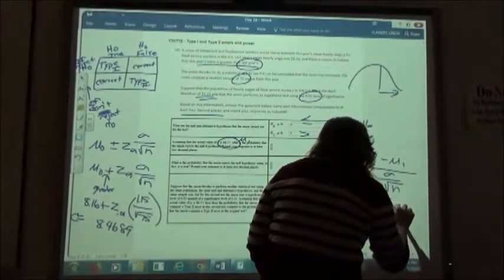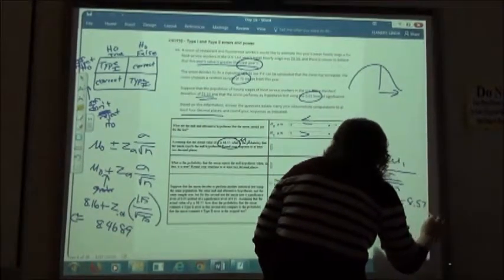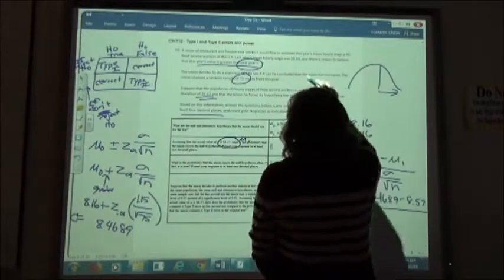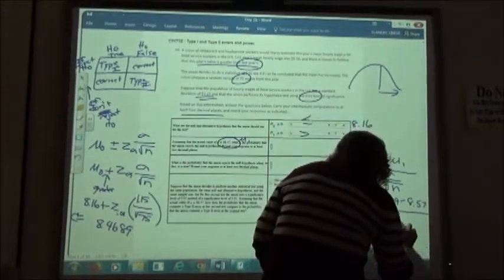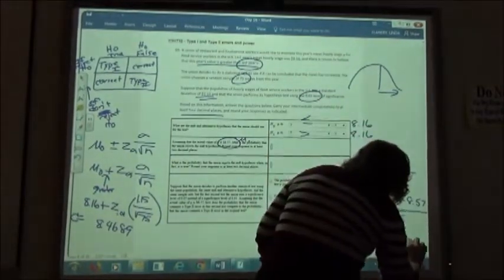Okay? So we're going to do 8.4689 minus 8.57 over standard deviation was 1.15 over the square root of n, and n was 75.